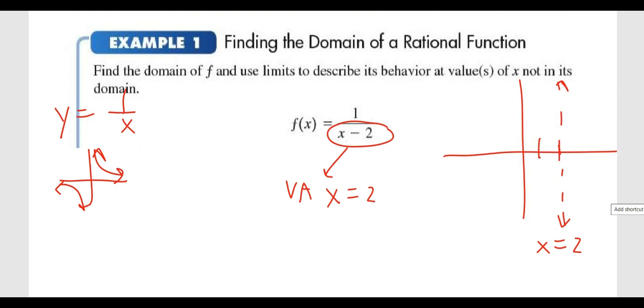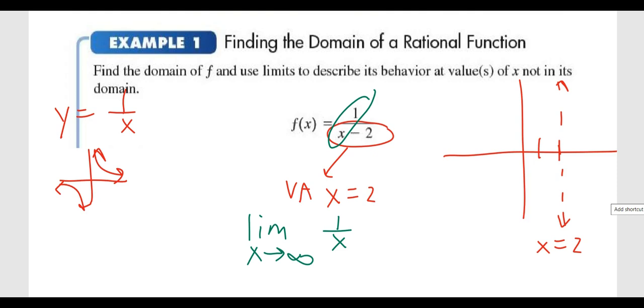I reminded you and taught you that in order to find the horizontal asymptote, you needed to take the largest power of x in the top and the largest power of x in the bottom. You needed to take the limit as x approaches infinity of that fraction. If you can reduce it, fantastic.